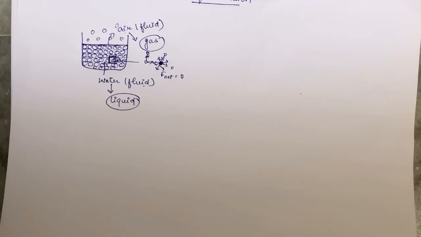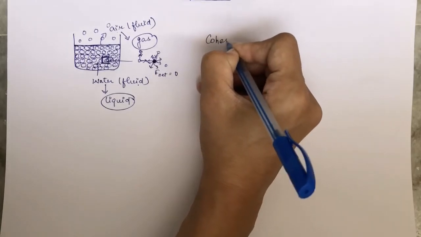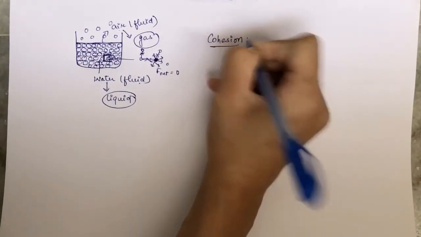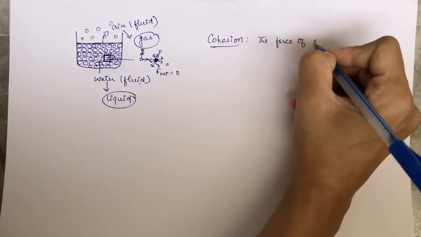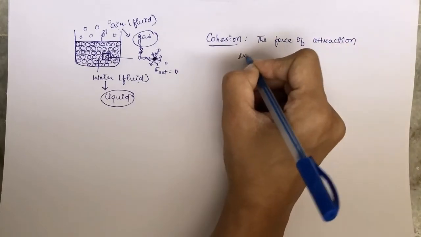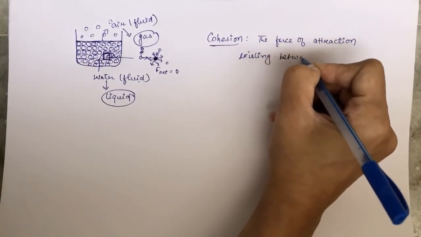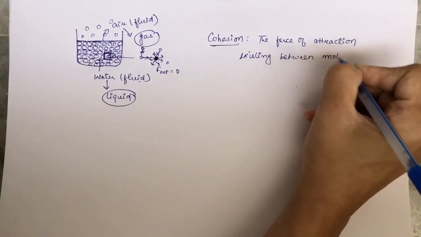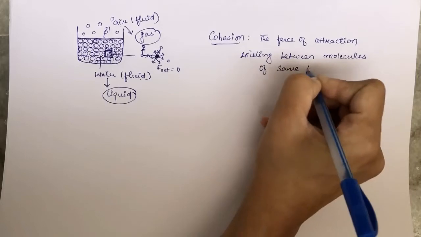So the net force in this case is 0, and the intermolecular force by which the molecules of the same fluid are held together is known as cohesion. Here is one important definition you can learn: cohesion is the force of attraction existing between molecules of the same fluid.